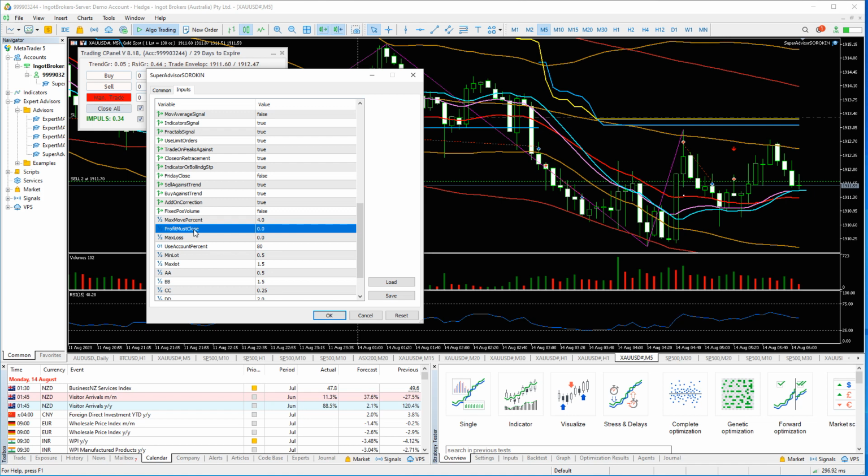Profit must close. So this is profit in dollars. And max move percentage is the profit in percent. So it depends on which is less. For example, if you put 10% but $200, the system will close on $200 because it's less.